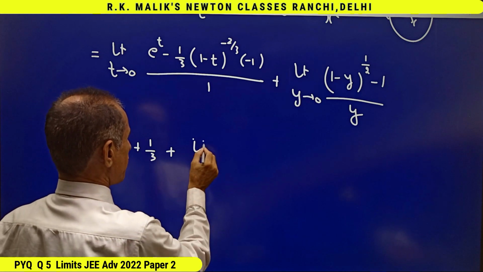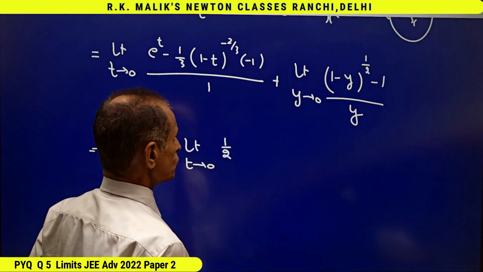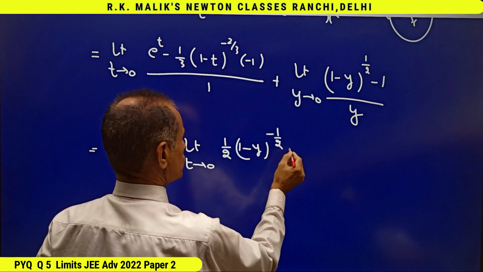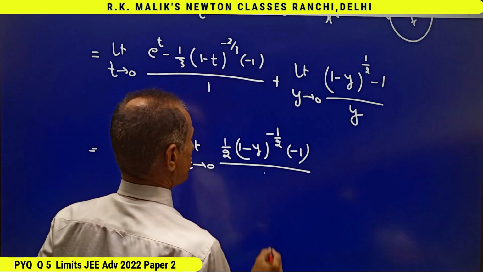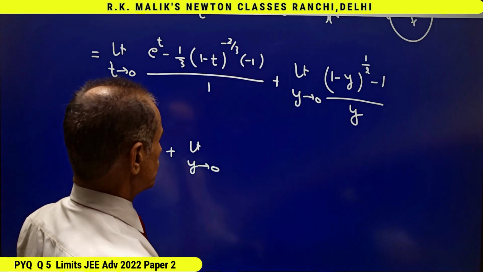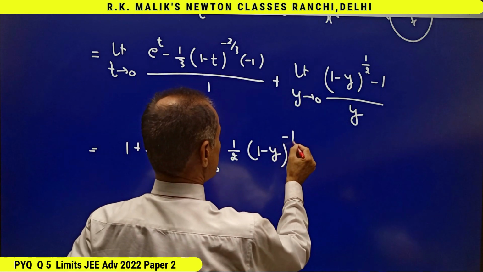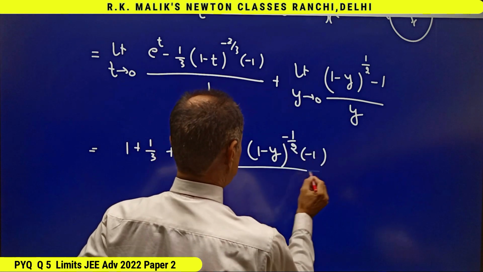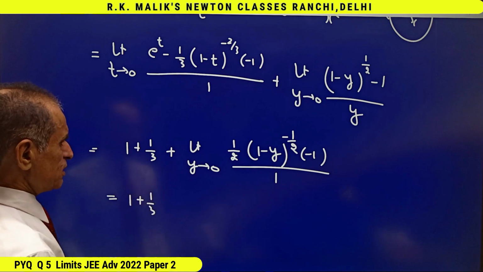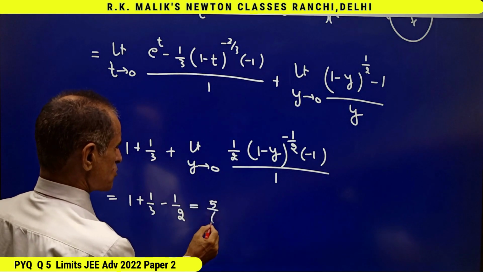I get limit y tends to 0 of 1 by 2 (1 minus y) to the power minus 1 by 2 into minus 1 upon 1. That is, I get 1 plus 1 by 3 minus 1 by 2, that is 5 by 6.